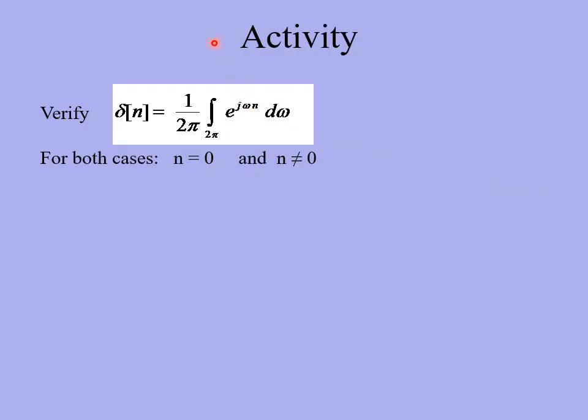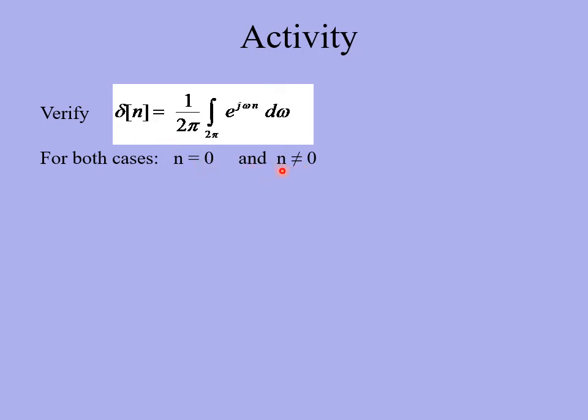So here's a little math exercise for you to try. Verify that this result is correct. In other words, show that the delta function is equal to 1 over 2 pi times the integral over 2 pi of e to the j omega n d omega. Do this for both cases. Plug in n equals 0 into this integral, do the integral, and see if you get the correct value for the delta function.